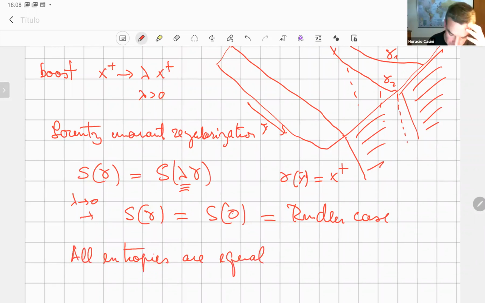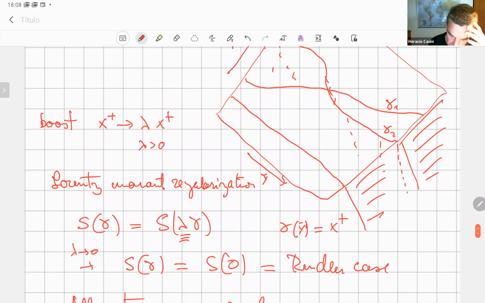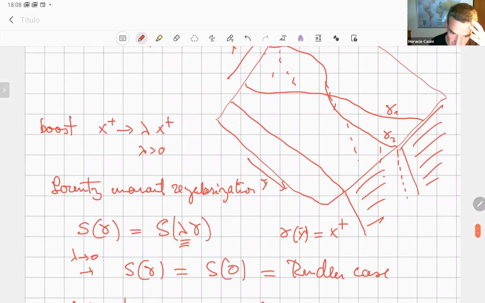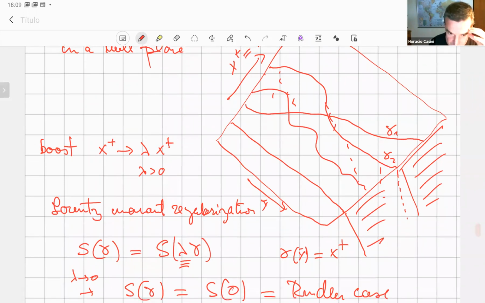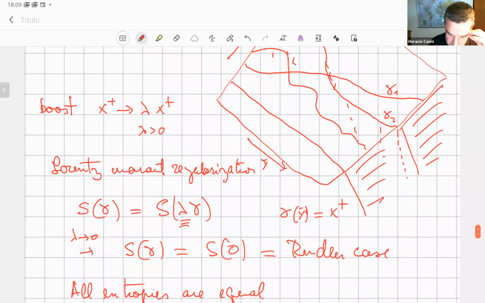And note that I haven't used anything about the entropy. I have only used the geometry. So you can do the exercise of trying to write a functional of curves on the null plane, and try to write functionals that are different. So they have some structure. And you can see that all of these functionals give you the same number for all the curves, because, of course, they are functionals that are invariant under Lorentz transformations.